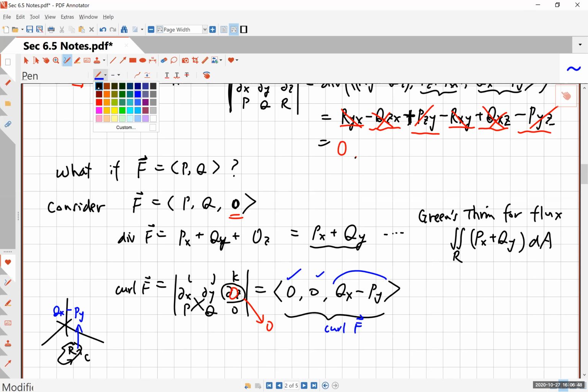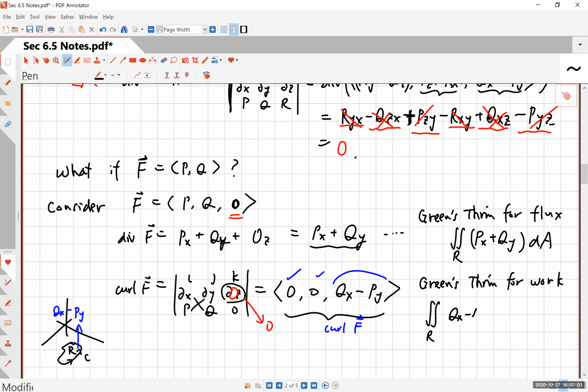If you remember, in the first Green's theorem statement, the Green's theorem for work or circulation, the right-hand side was the double integral over R of Qx minus Py.